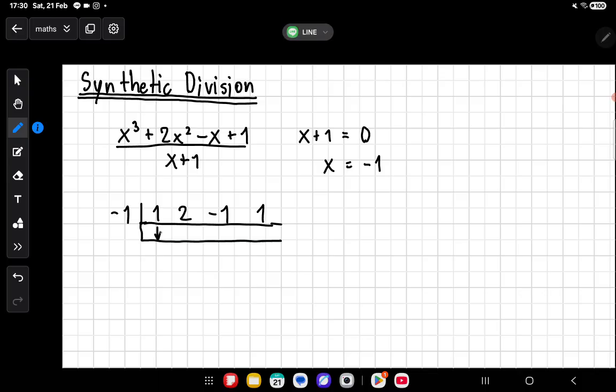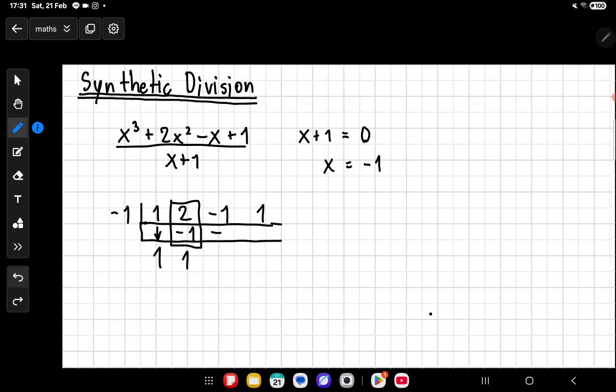First off, you want to get this number right here, and you're going to want to drop it down here. Then what you want to do is multiply these two numbers together, resulting in -1, right? In this case. So now, add these two numbers together. 2 plus -1. Negative and positive make a negative, so 2 minus 1 is 1. Then that's -1.